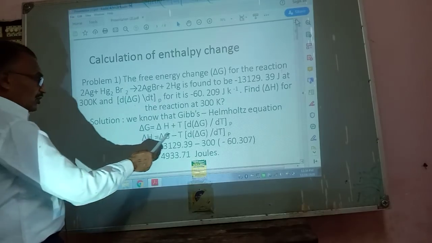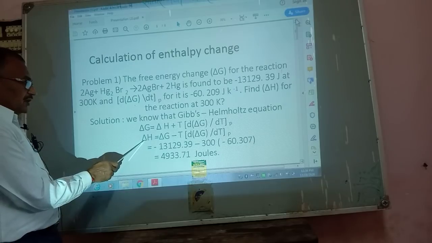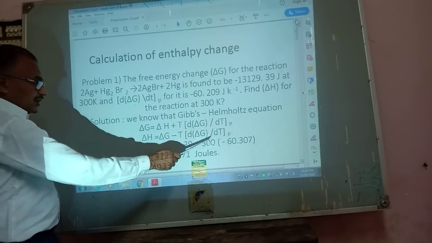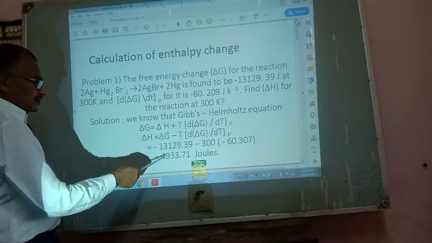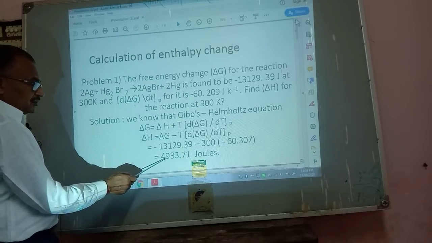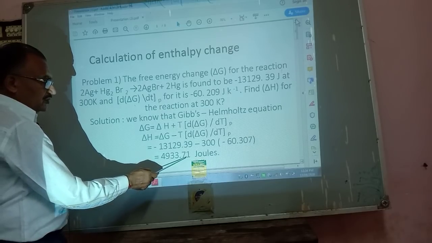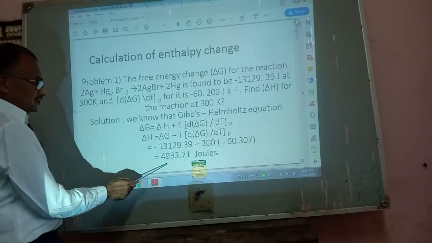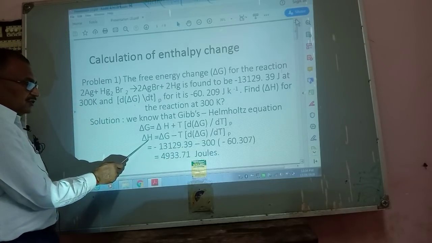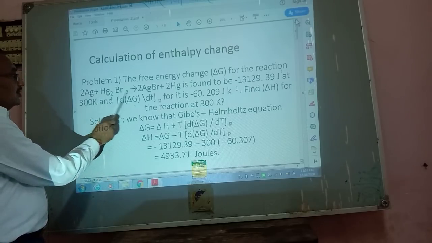Putting all these values in this equation and calculating, we finally get delta H equal to 4,933.71 joules. This is the value of delta H.